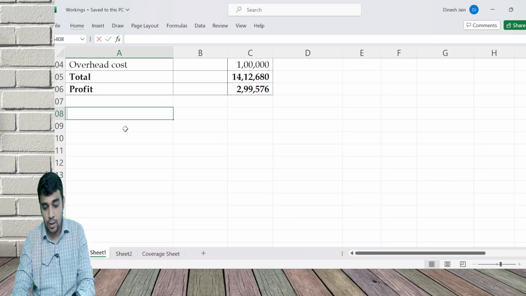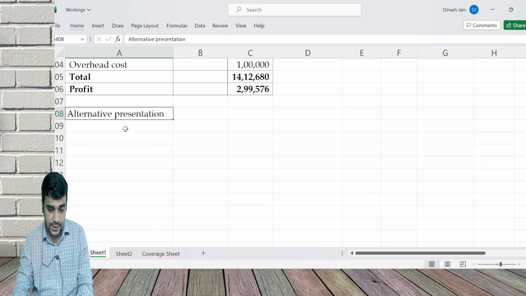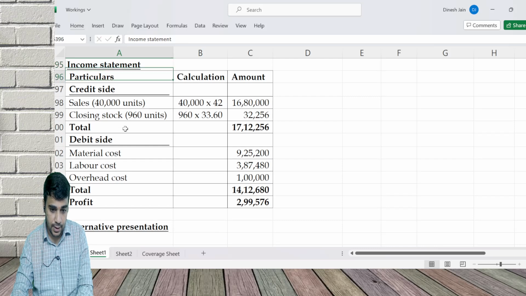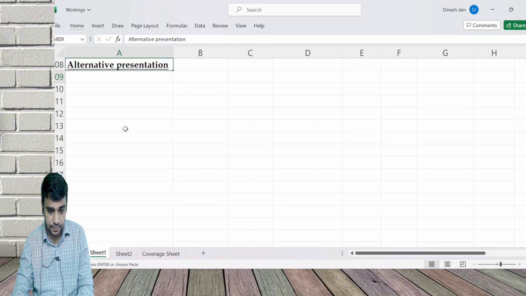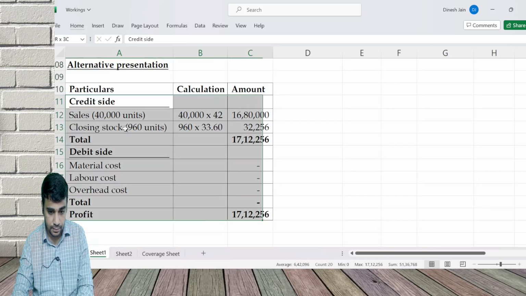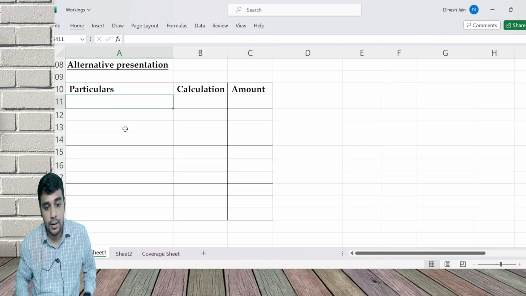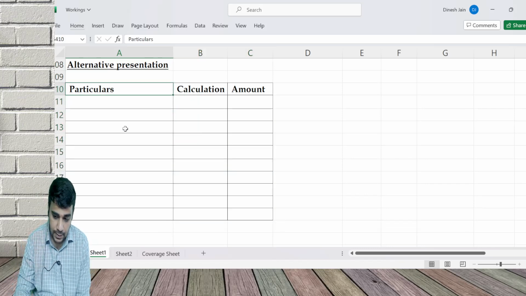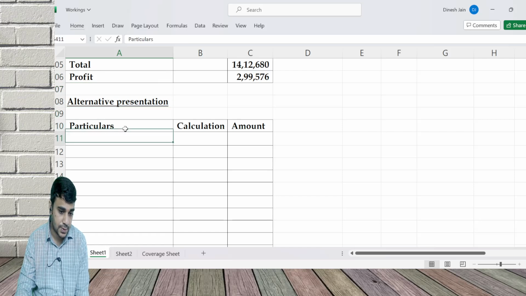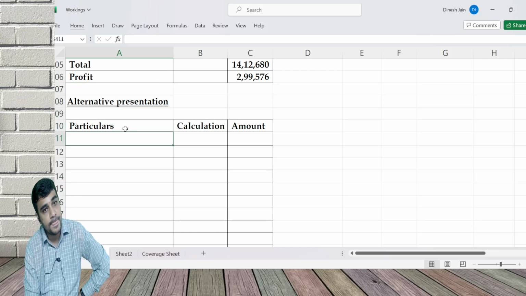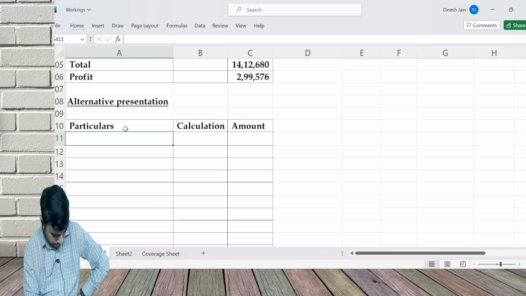Next, alternative presentation. This is what ICI has done. Particulars, calculation, amount. How much profit we wanted to earn per unit?